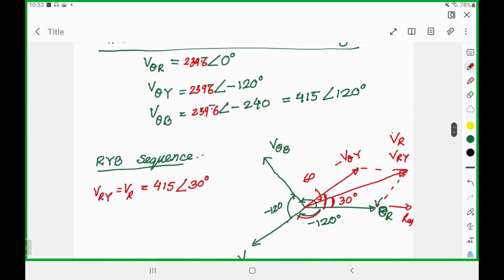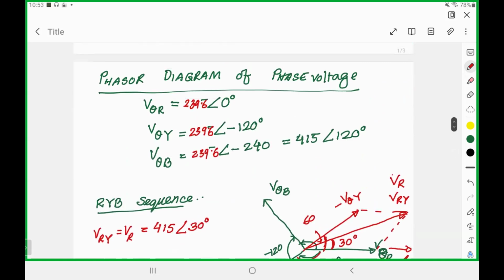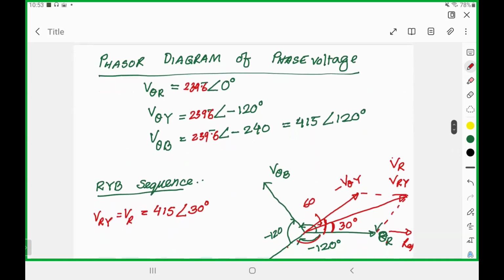Sorry from my side that I have written 415 wrong here. This is actually the phase voltage. All are the same. That would also be the same. Yes, thank you. So that would also be 239. So we are considering all phases first.